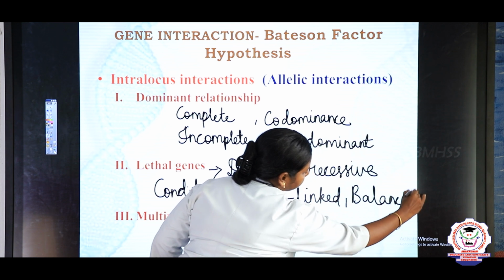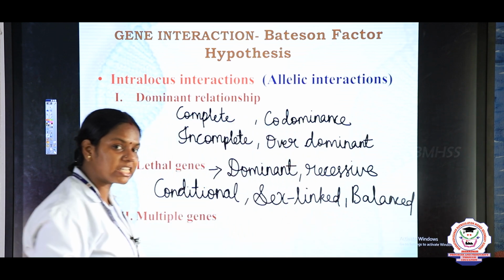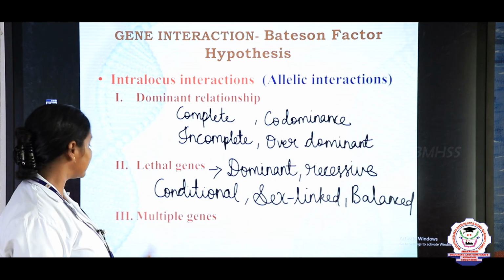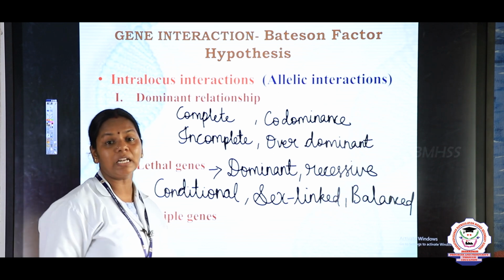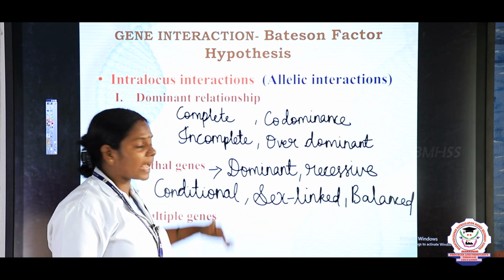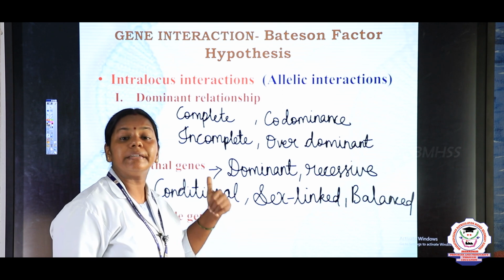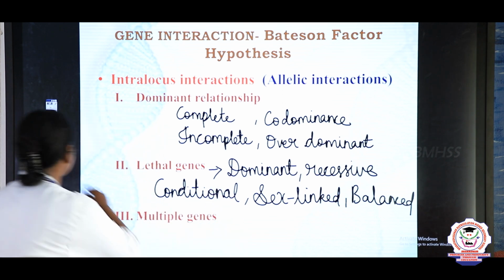So these are all the types of lethal genes, and this also we are going to study in detail in a later class. And the third one is the multiple genes. So these are all the types of intralocus interactions.